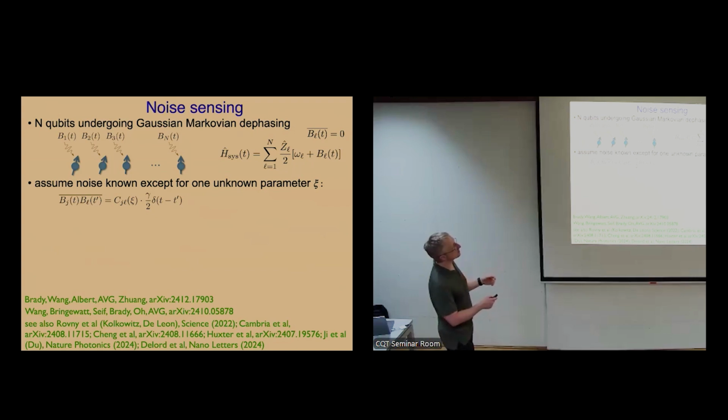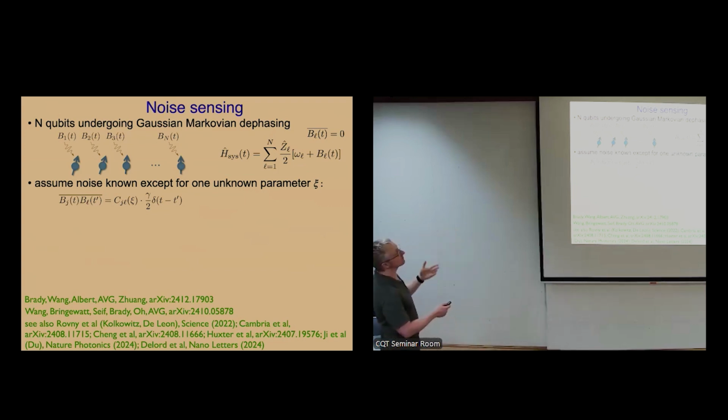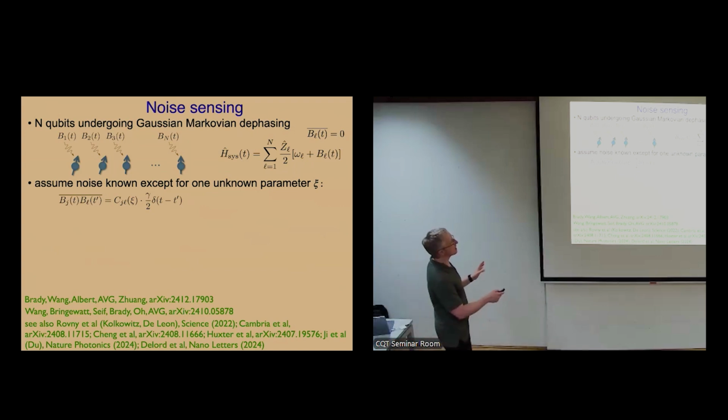Markovian means that two-time correlators are proportional to delta of t minus t prime. And Gaussian means that it's sufficient to specify this 2-point correlator. So the entire dephasing process is determined by this matrix, where the diagonal entries are the strengths of local dephasing, while off-diagonal entries are correlations between these dephasings at different sites.